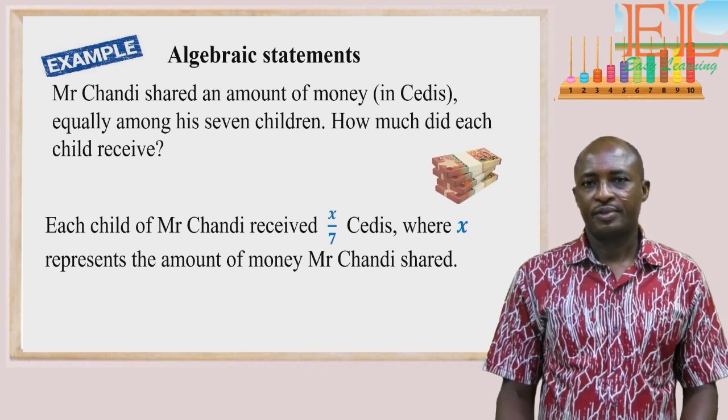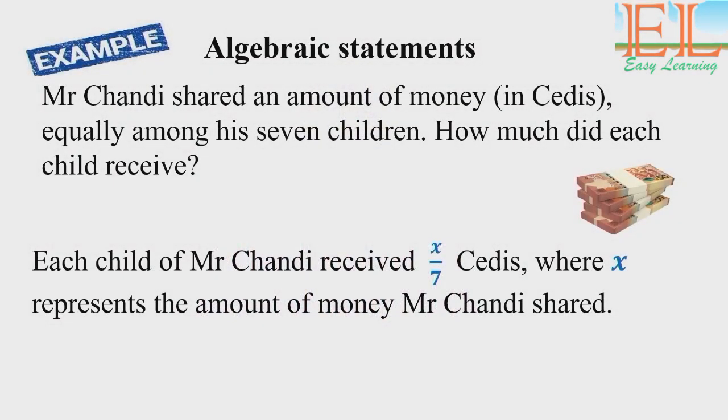Now, we'll say Mr. Chandy gave each of his children X divided by 7 cedis, where X represents the total amount of money he shared. And once each child receives an equal amount of money, then it is X divided by 7.